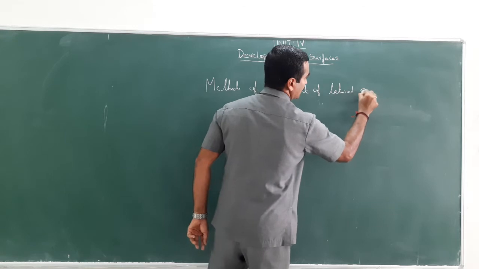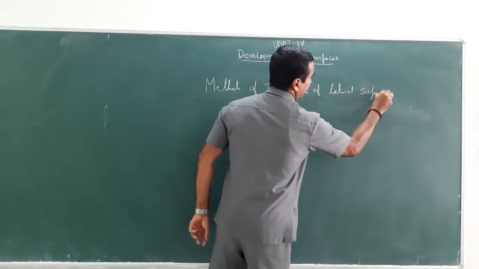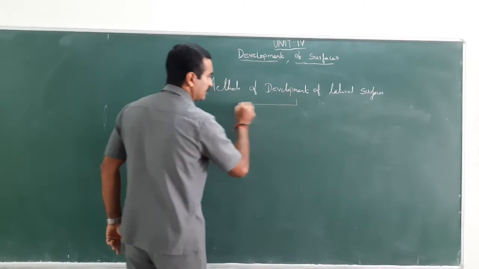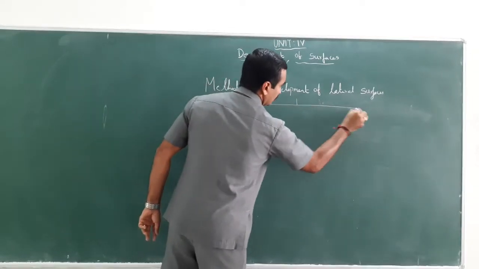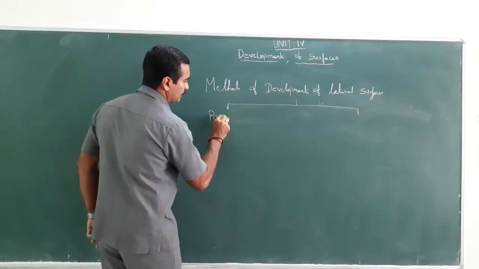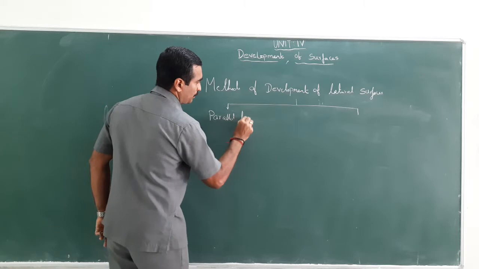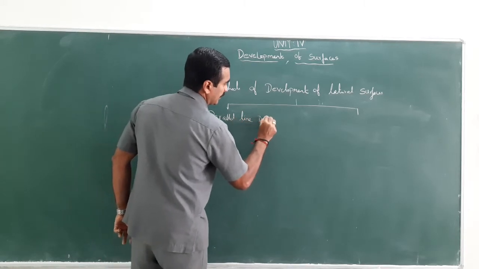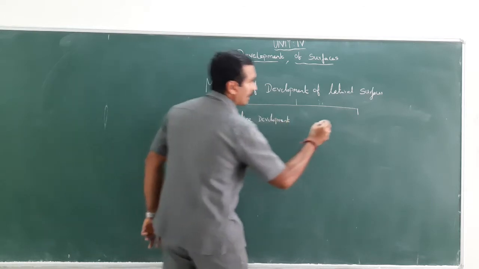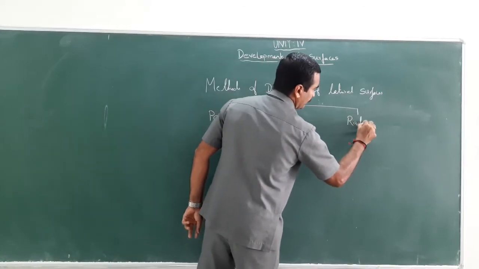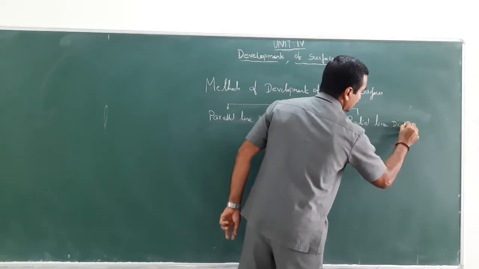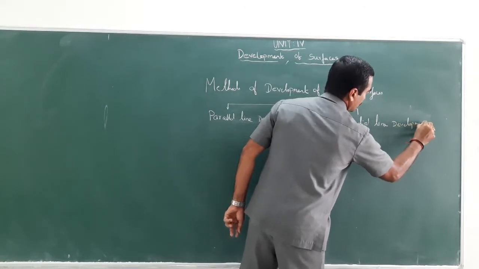See, as far as our syllabus is concerned, we develop only the lateral surfaces. So, under this we have two. One is the parallel line development method, and the other one is the radial line development method.